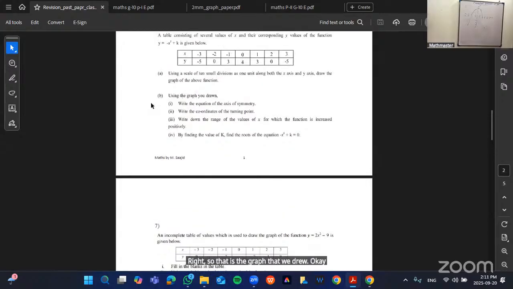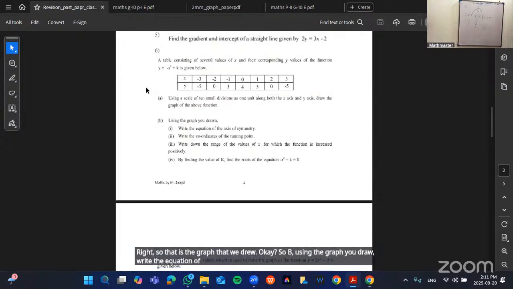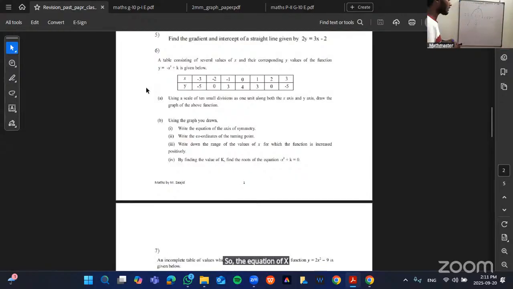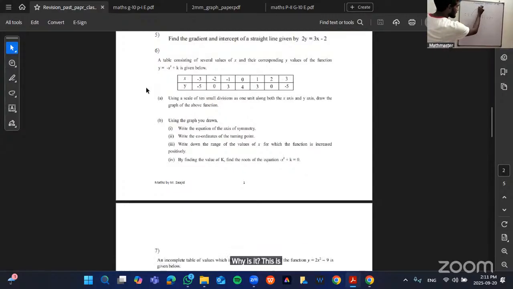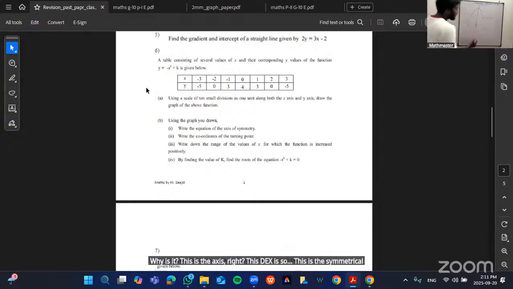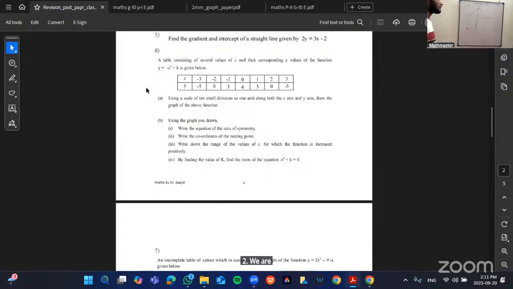Okay. So, using the graph you drew, write the equation of the axis of symmetry. This is the graph that we drew. The equation of the axis of symmetry means: what is the axis where this graph divides exactly into two? This is the symmetrical line where the graph divides exactly into two.